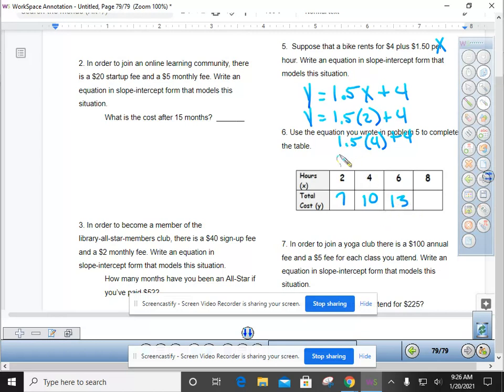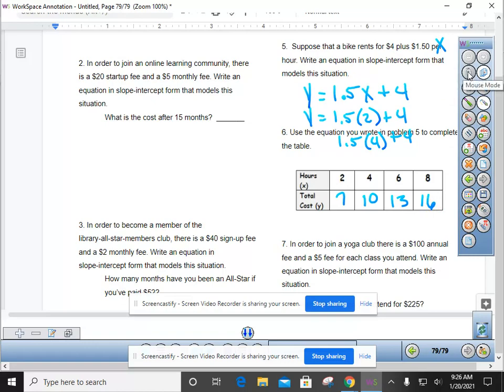And 1.5 times 8 is, what is it? What's 1.5 times 8, Shania? That's 12 plus 4, which is 16. So you just fill it in.